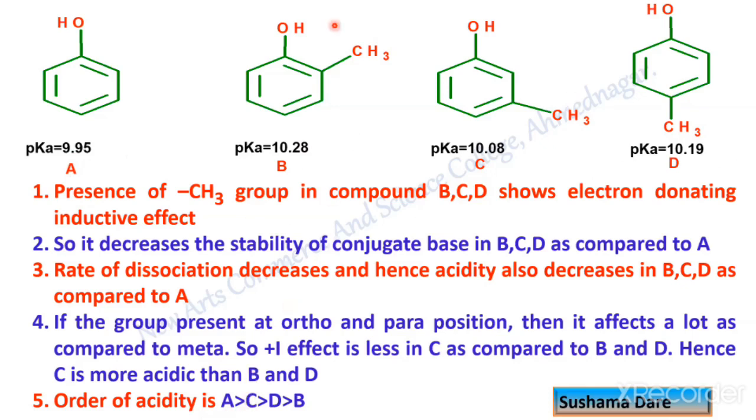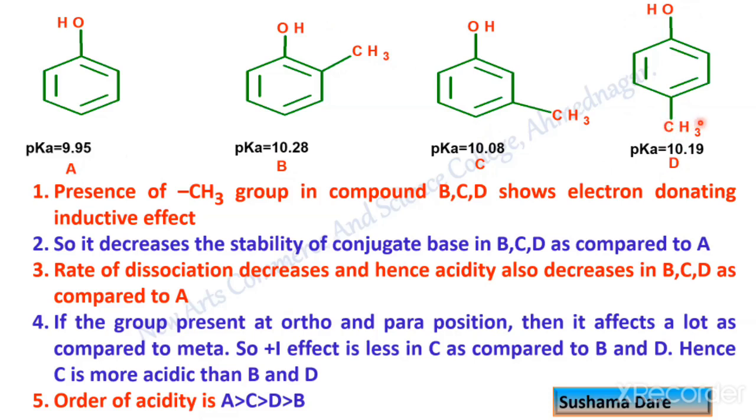But if we compare between B and D, you can see that the methyl group is present at ortho position in B, while in D it is at para position. As the inductive effect depends on distance, this CH3 group and this hydroxy group are away from each other, so here the electron donating inductive effect is less.